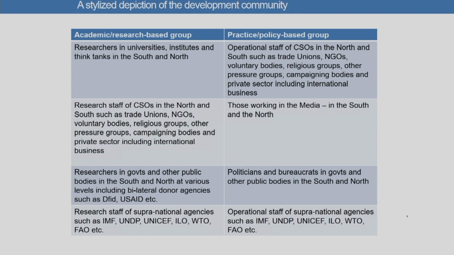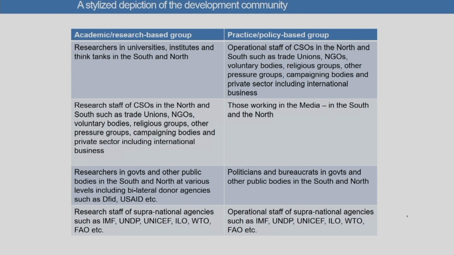In the practice or policy based groups, you have the operational staff of civil society organizations in the north and south, such as trade unions, NGOs, the non-governmental organizations, voluntary bodies, religious groups, other pressure groups, campaigning bodies and the private sector including international businesses. Similarly, the research staff of CSOs in the north and south also constitute the academic research based group.